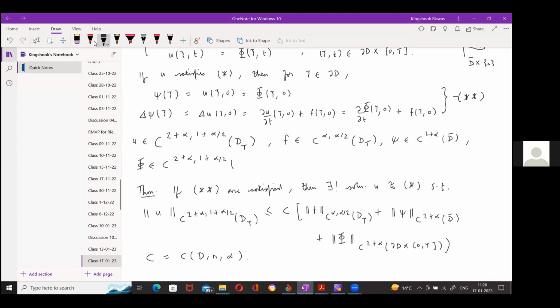It's just that the space dimension has gone down by 1. So you're right. In the norm of phi on the lateral surface, that's 2 plus alpha and 1 plus alpha by 2. That's right. Thank you. This is correct.